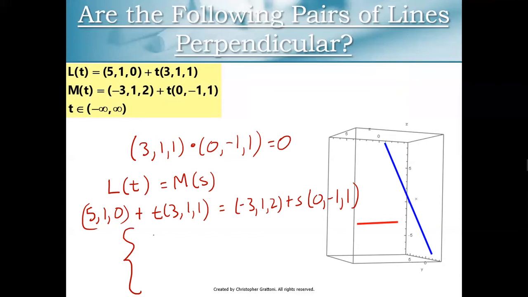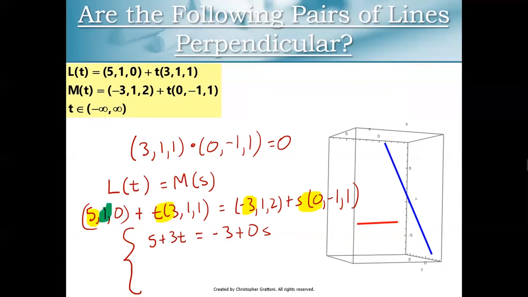So I'm going to get 5 plus 3t from the left-hand side, I can highlight here to show you, 5 plus 3t is equal to, and then from the right side of the equation, I'm going to thread out these x coordinates, negative 3 plus 0s. And we're going to do that for each of the x and y and z coordinates.